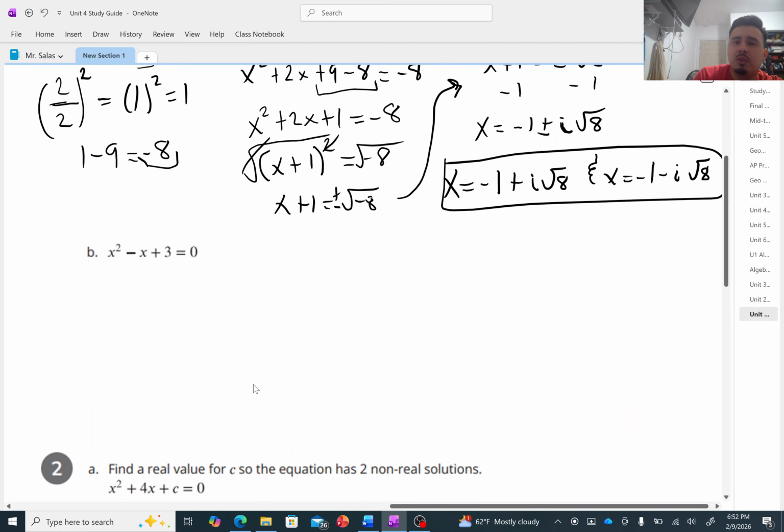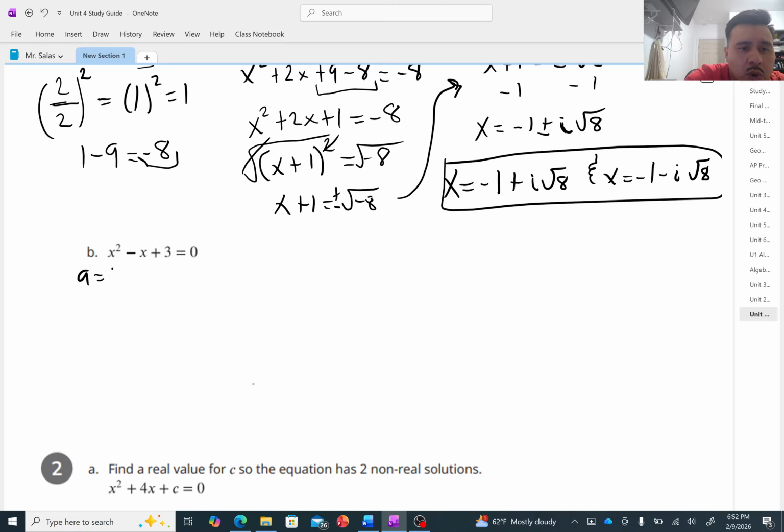The second one, I'm going to do through the quadratic formula. So if you have your quadratic formula ready, make sure you're following along. First of all, when I'm doing the quadratic formula, I want to have my a, b, and c. My a equals 1, b equals negative 1, and c equals 3.